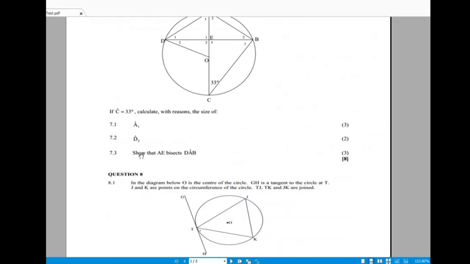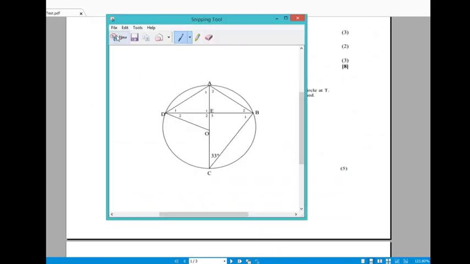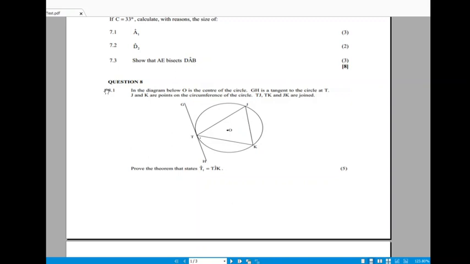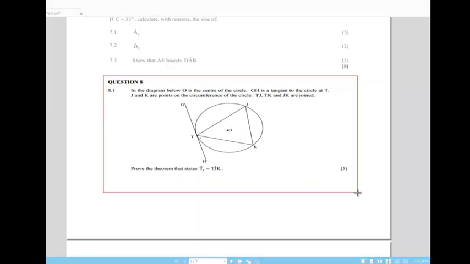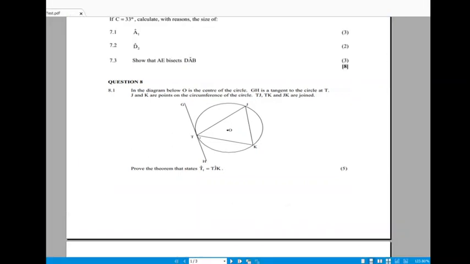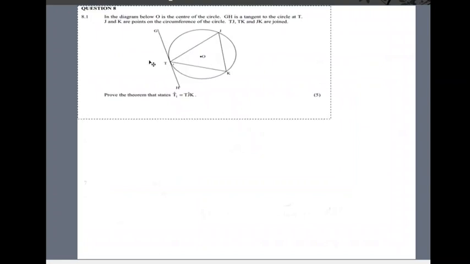So going on to question 8, 8.1. So 8.1 they want us to prove the Tangent Chord theorem, right? So if we prove the Tangent Chord theorem, you cannot have the Tangent Chord theorem as one of your reasons when proving this, right?